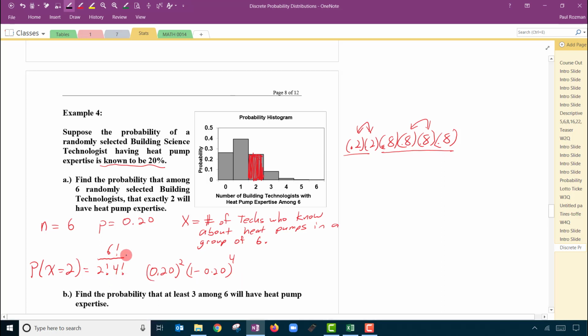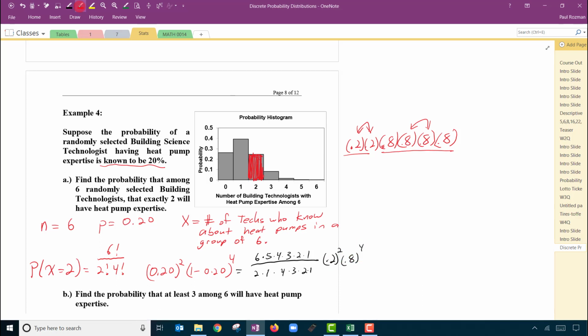You have a factorial button on your calculator, but if you didn't, you could just list it out. 6 factorial means 6 times 5 times 4 times 3 times 2 times 1. And then the denominator, you have 2 times 1 times 4 times 3 times 2 times 1. And then this 0.2 squared and 0.8 to the 4th.